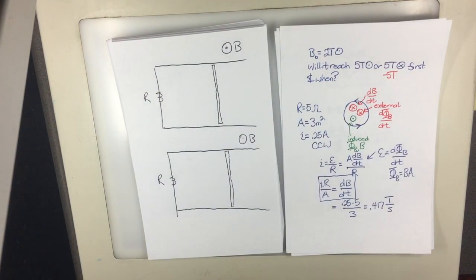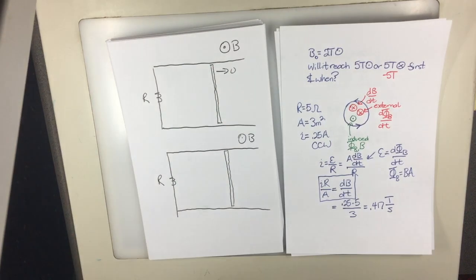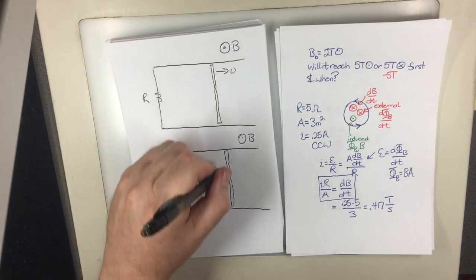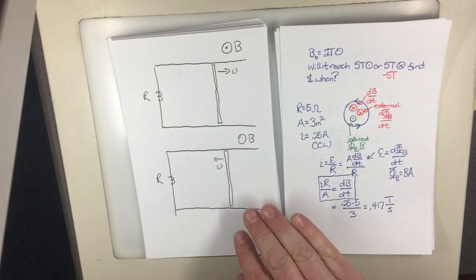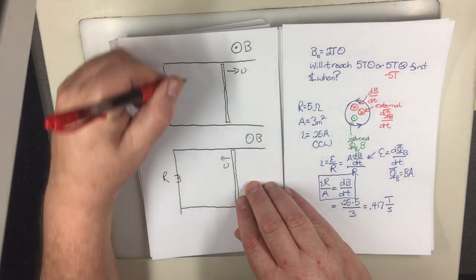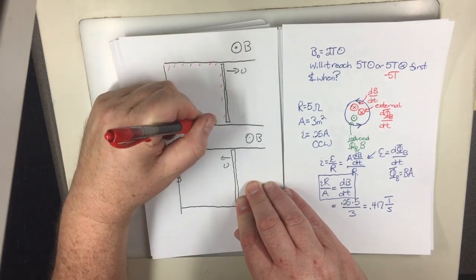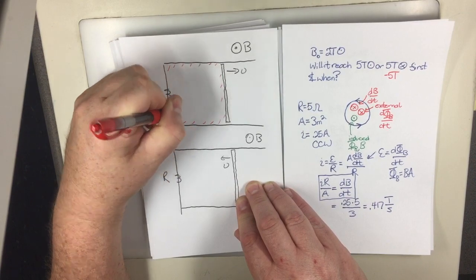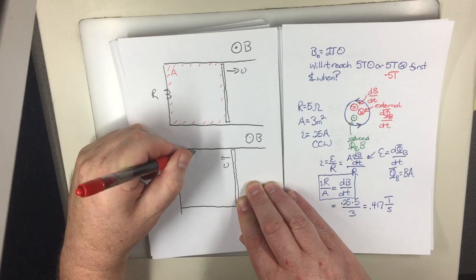The next sheet will do the B field is in. And here, the velocity of the bar is to the right. Here, the velocity of the bar is to the left. The area that we're thinking about is there.